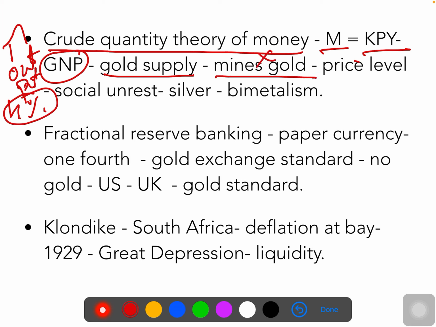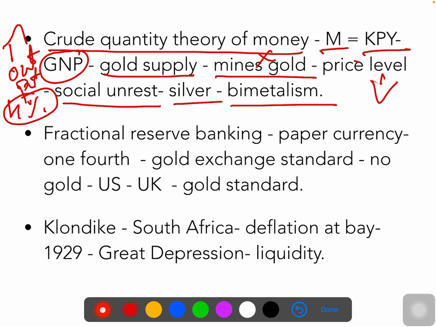With mines not producing this much gold, the price levels are going to fall. The price levels are going to come down all over the world in the late 19th century. Given this, social unrest led, for a period, to silver supplementing gold, introducing bimetallism.